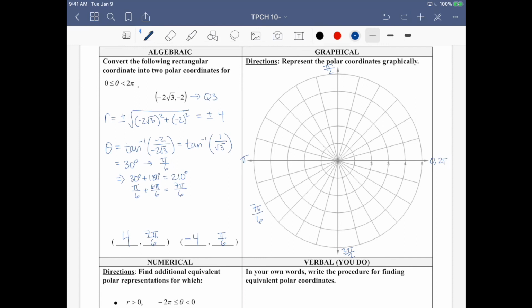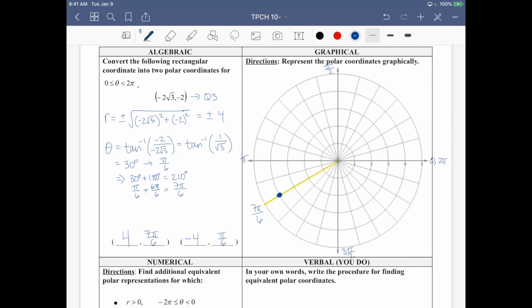So I'm just going to use a highlighter this time because sometimes it can be easy to get lost. I know I'm going to be on this. So I need to go 4 units out. So 1, 2, 3, 4. I'm actually right here. So this is the polar coordinate. And both of these are in the same spot. So there we go. There's the graphical part of this.